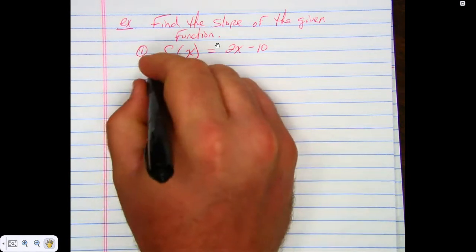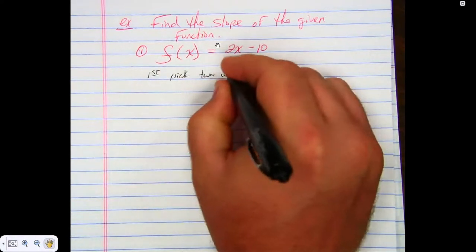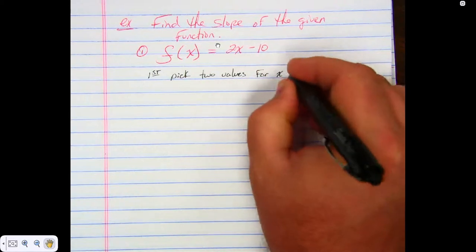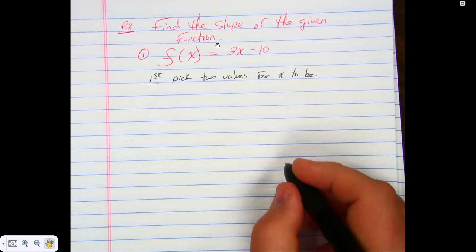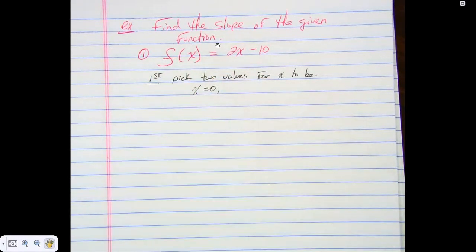First, pick 2 values for x to be. First thing I want you to do, let's make x equal to 0. Isn't that easy?